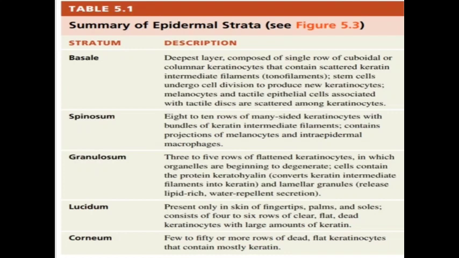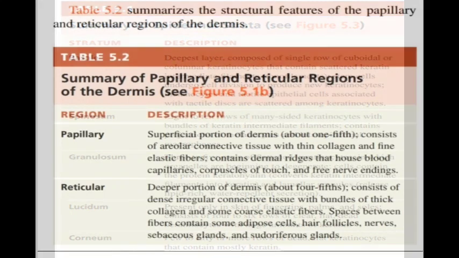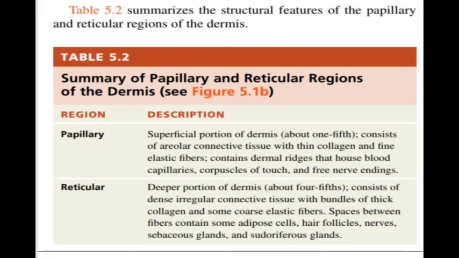This was epidermis. Now below epidermis, another layer of the integumentary system, the skin, is dermis. Dermis is responsible for the extensibility, elasticity, stretch, and recoil properties of the skin. It basically consists of collagen and other elastic fibers.